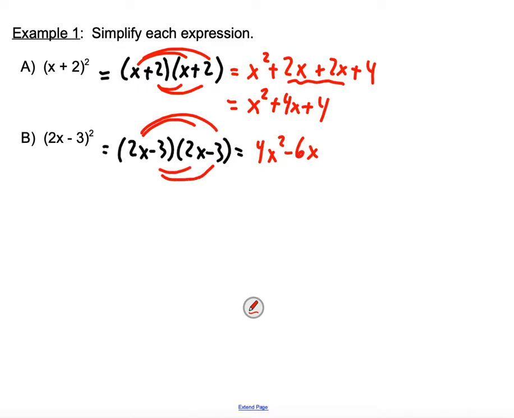And then distribute the minus 3 through, and you get minus 6x plus 9. The only like terms are those middle terms, so combine that minus 6x and this minus 6x, and you're going to get a minus 12x.